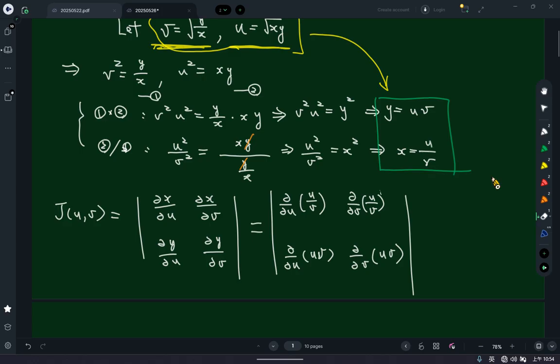So after that, when you calculate its partial derivative, it will be 1 over. So for this part, we can get 1 over v. Then this part is u. This part is v.